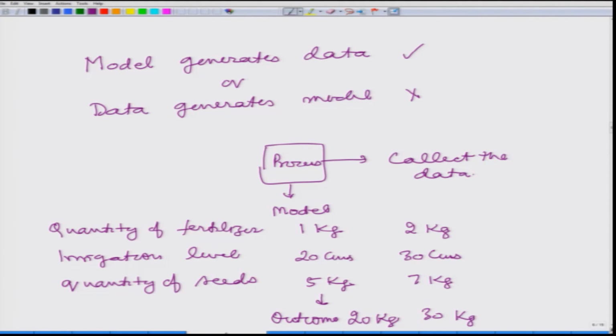And now my objective is that based on this set of data, I want to know the model. So here you are saying that the model is generating the data. But now what are we doing? We are collecting this type of observations, and we are trying to find a mathematical relationship between the outcome, which is the yield of a crop, and these 3 variables.